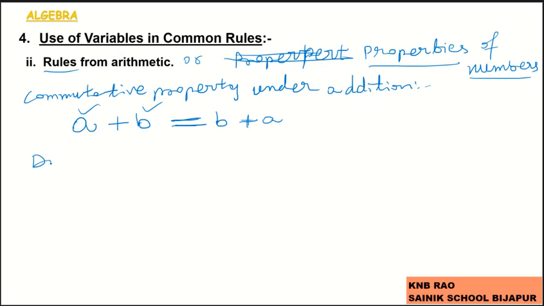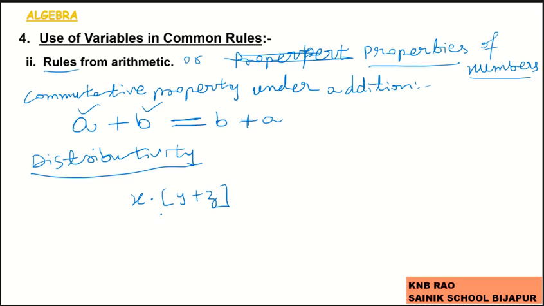Even distributivity. Distributivity also says when a variable x is multiplied over the sum of two variables, that is, a number multiplied over the sum of two numbers, it will be distributed. So x into y plus z is xy plus xz.